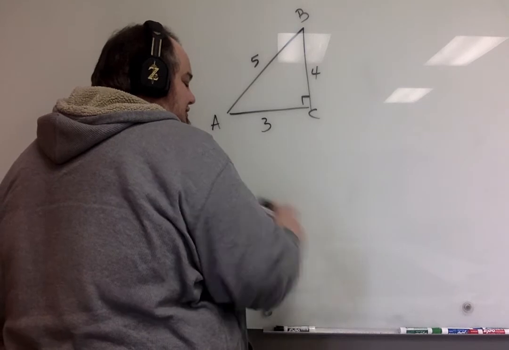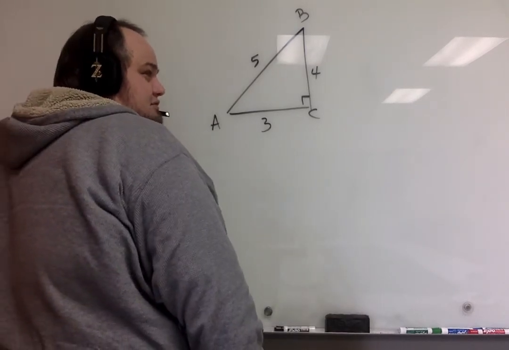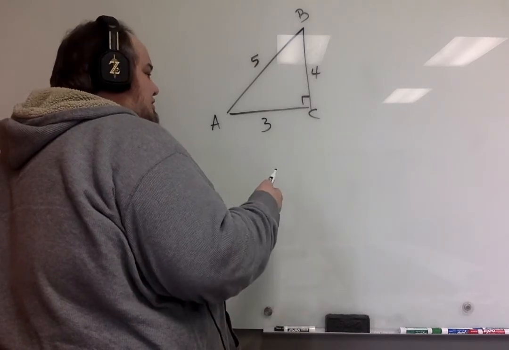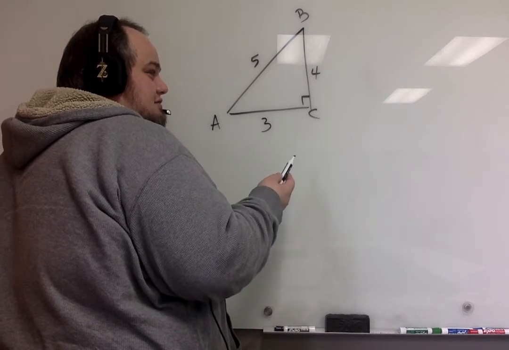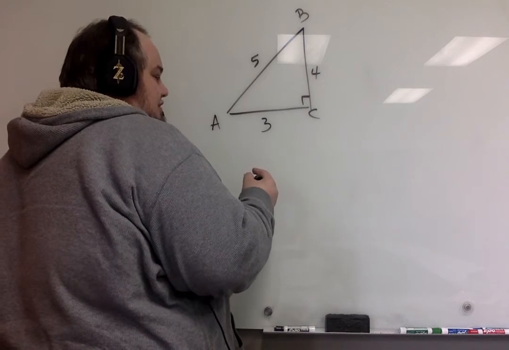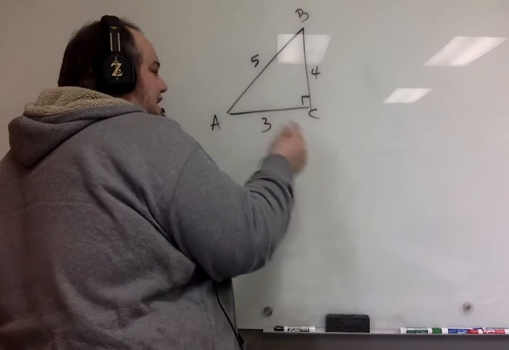Now, when we're trying to find sine, we're trying to find a ratio, which we can write as a fraction or a decimal, a ratio that uses specific sides of the triangle when we're talking about a specific angle. So we don't just say sine of this triangle, we have to say sine of an angle.